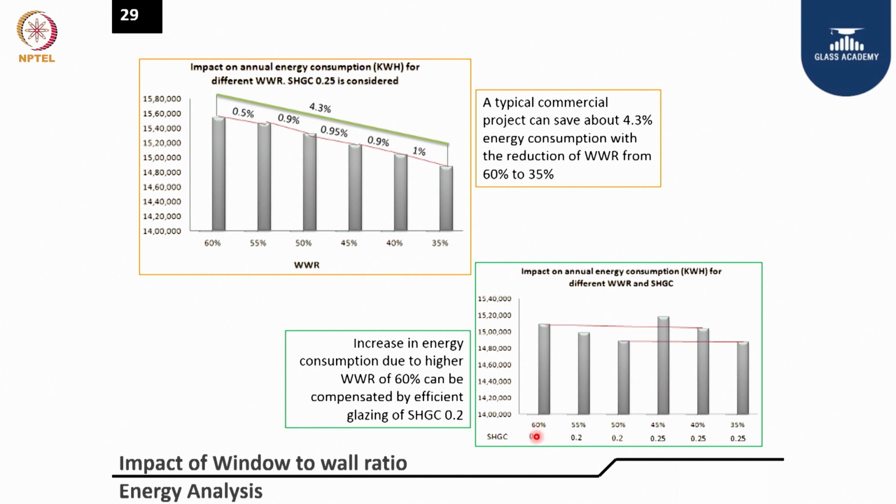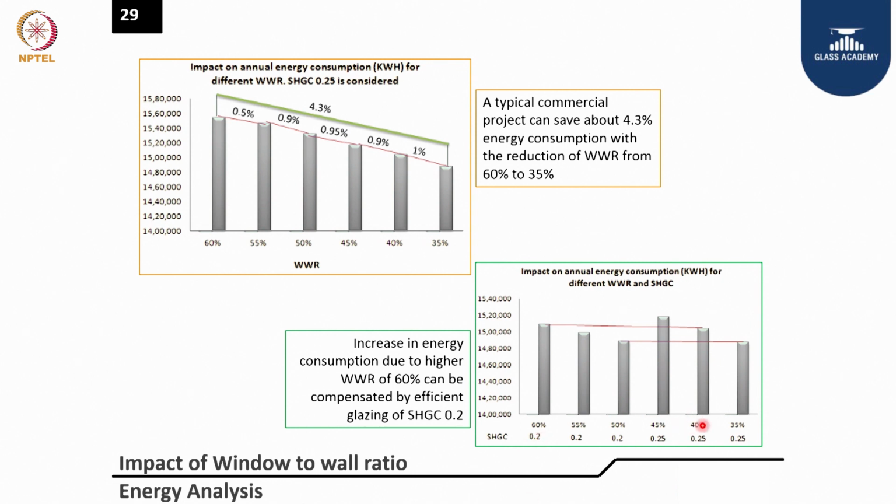So 60% and 0.2, if I get into a window to wall ratio of just 30 or 40%. So one is 60% window to wall ratio, another one is 40%. When you have a higher window to wall ratio, I need to go for more stringent glass, where the glazing area is more.